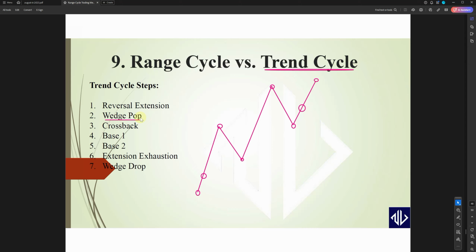So for example, if we are on base 2 somewhere here, I think the market doesn't have too much potential after base 2, and what I'm looking for after base 2 is the exhaustion, and this exhaustion may be somewhere from here, and then I'm looking for a reversal or at least a short-term reversal.